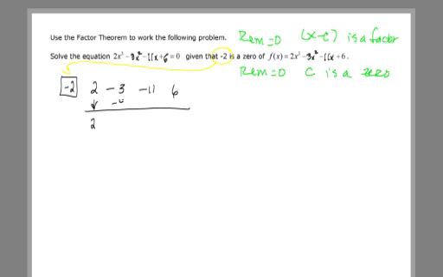Negative 2 times 2, negative 4, add those up, negative 7. Negative 2 times negative 7, 14, add those up, we get a 3. That gives me a negative 6, and yeah, I expected to get a remainder of 0 because they told me negative 2 was a 0. So there's one of my solutions.